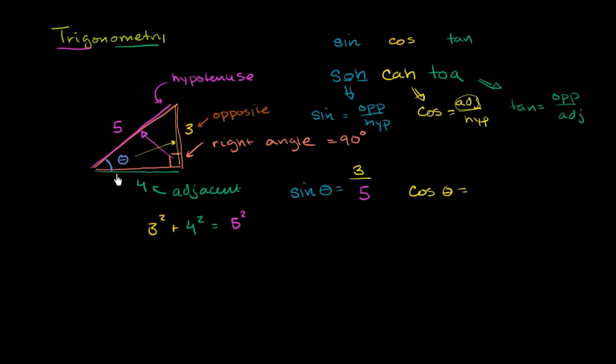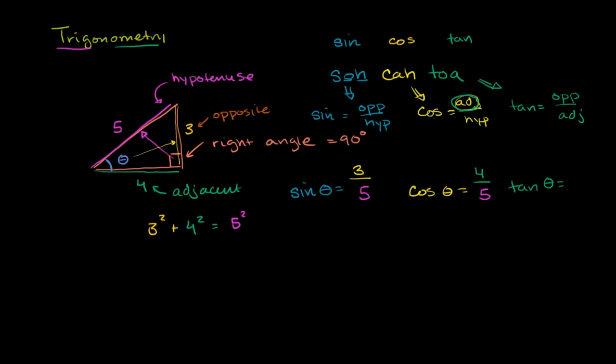So cosine of this angle, we hear about adjacent. Well, the adjacent side to this angle is 4. So it is adjacent over the hypotenuse, which is 4 over 5. Now let's do the tangent. The tangent of theta is opposite over adjacent.